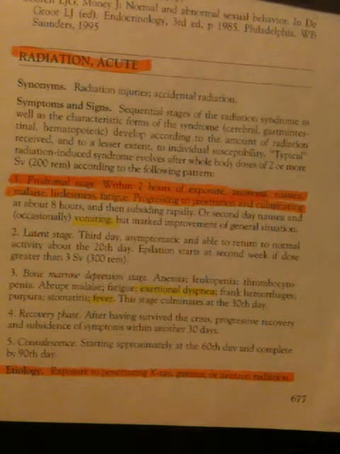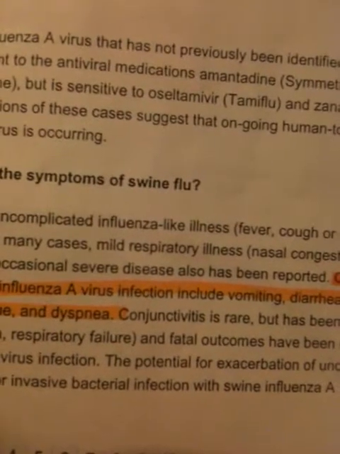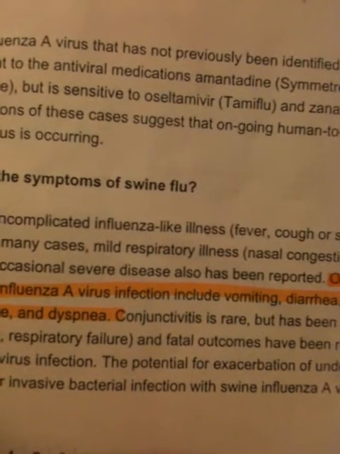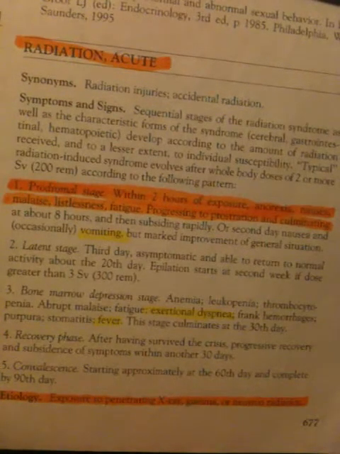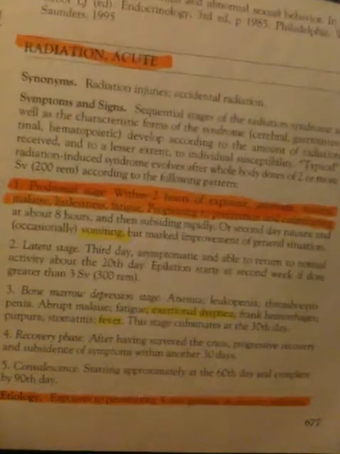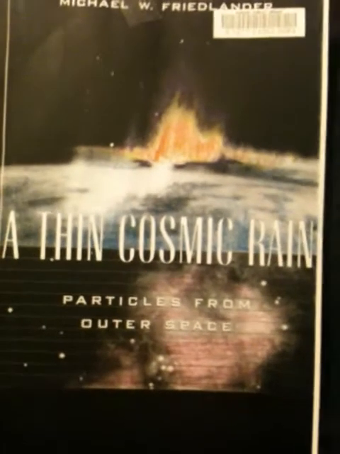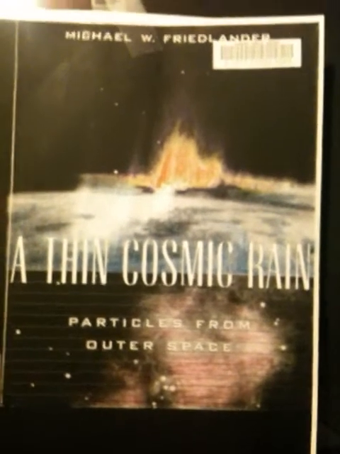So the same exact symptoms for radiation are the symptoms of swine flu. So that's further corroborating evidence that for 41 days and 41 nights, a thin cosmic rain showered the Earth.